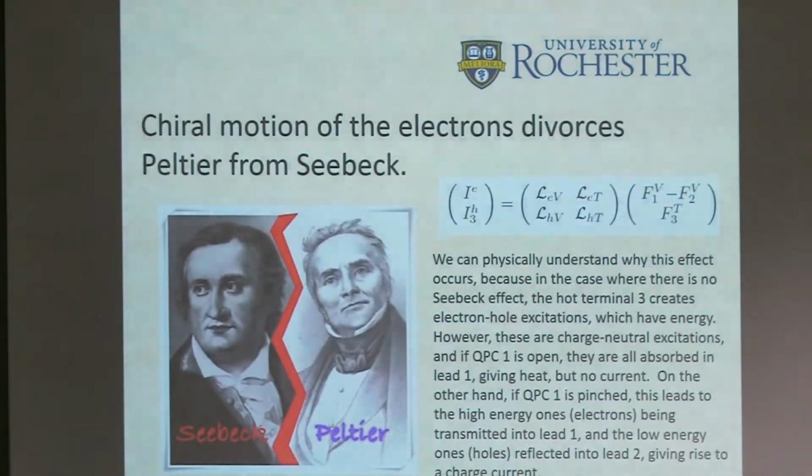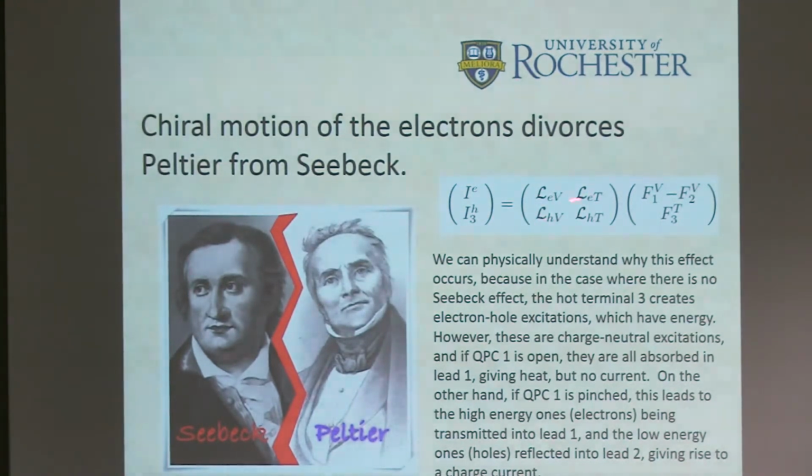All right, so this is the way I like to think about it. Usually in thermoelectric response, I write the electrical current and the heat current in terms of this linear response Onsager matrix, in terms of the affinities of the voltage and the temperature. Now usually we'd say that this is related to the charge conductance, this is related to the thermal conductance, and this is the Seebeck effect, I heat and I generate current.